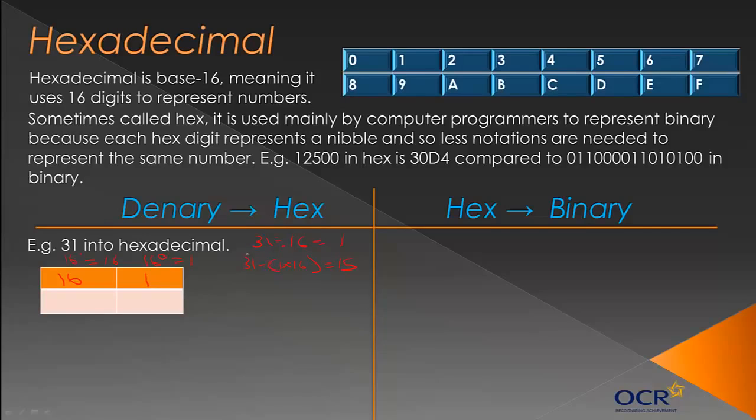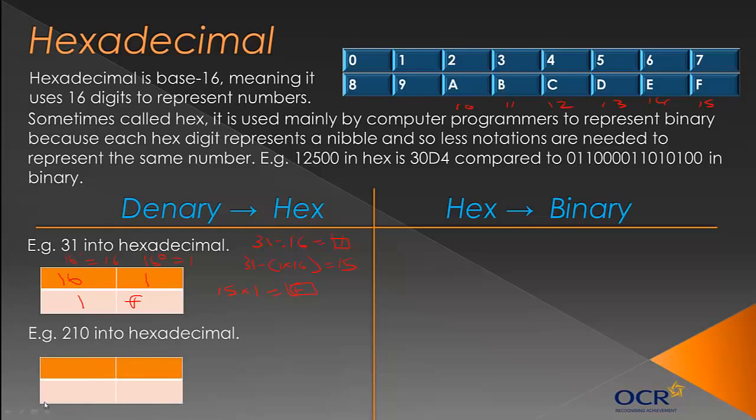Then the way you represent 15 in hexadecimal is, this is 10, this is 11, this is 12, this is 13, this is 14, this is 15. So F is used to represent 15. Simply, this is 1 and F. And that is our hexadecimal 2-digit number, or number and letter combination, however you want to look at it.